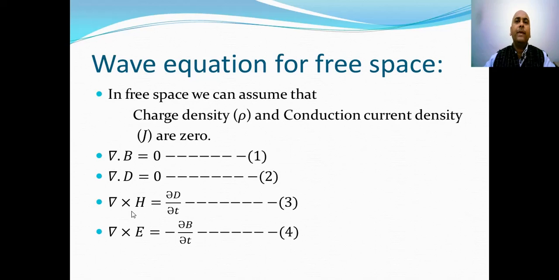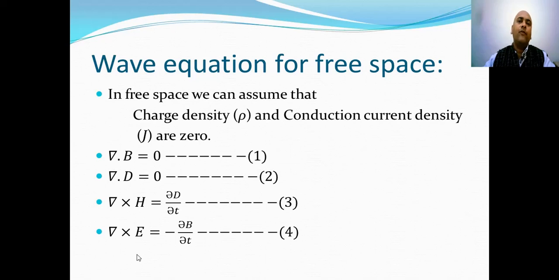By using Ampere's law, we have curl of H is equal to J plus ∂D/∂t. However, for free space, J is 0. So for free space, curl of H is equal to ∂D/∂t.